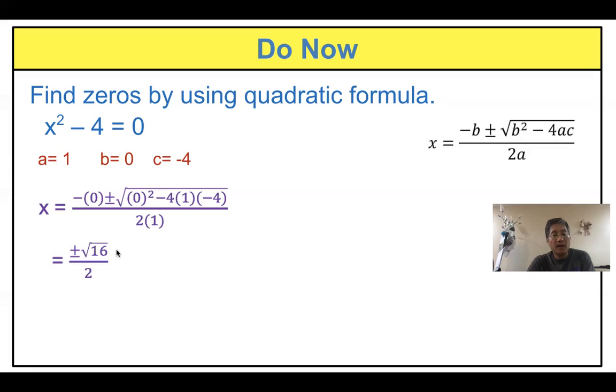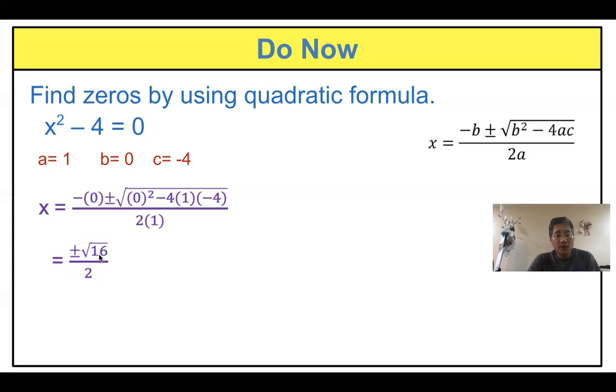If you simplify, -0 is 0, so you don't need to write it down. You will have only plus and minus here, and the square root. 0 squared is 0, and minus minus becomes positive, and 4 times 1 times 4 is 16. So the square root of 16 is equal to what? 4, right?